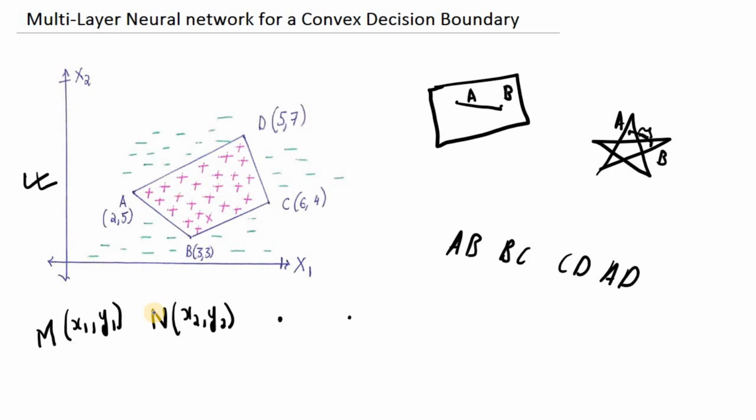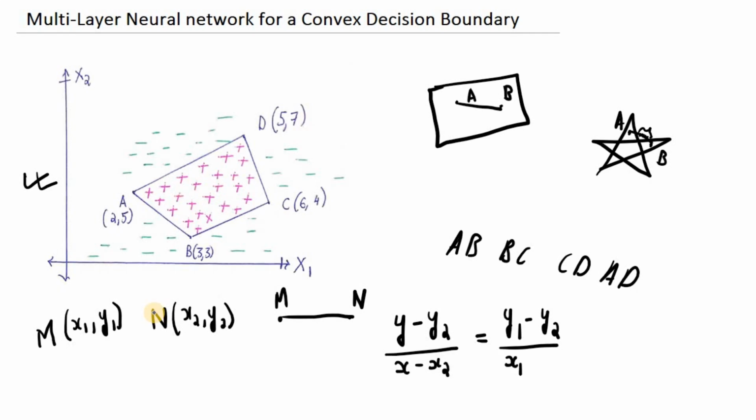If M and N both lie on a straight line, then the equation of the line joining M and N is given by (y - y2)/(x - x2) = (y1 - y2)/(x1 - x2).